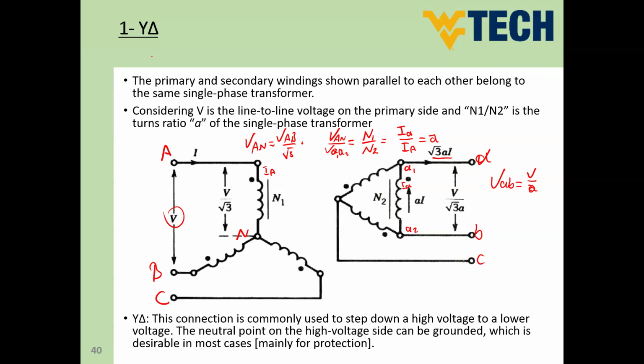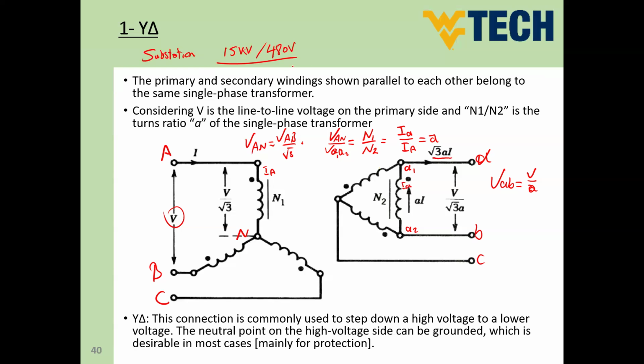So for the substations, for instance, from 15 kilovolt to 480 volt. So this could be a substation transformer. So for such level, guys, the connection is going to be Y delta.